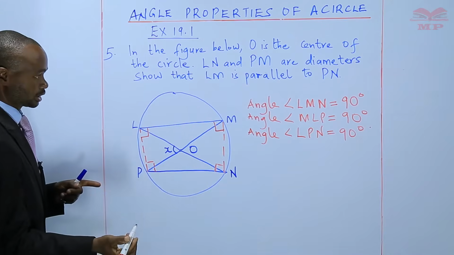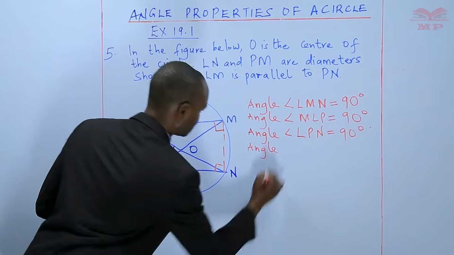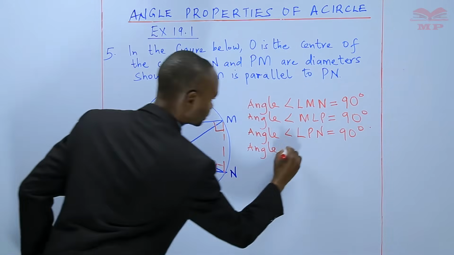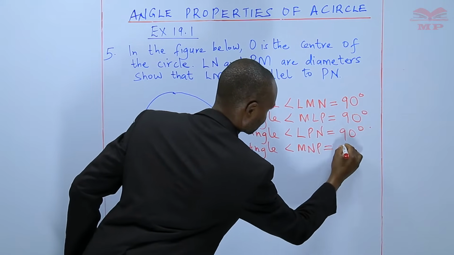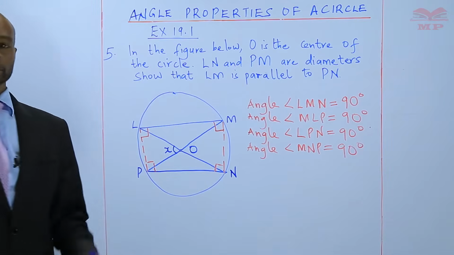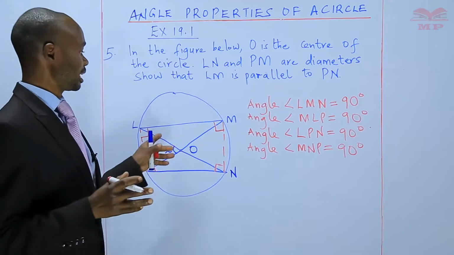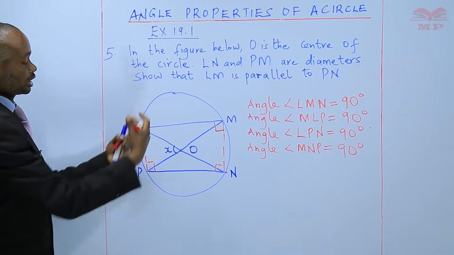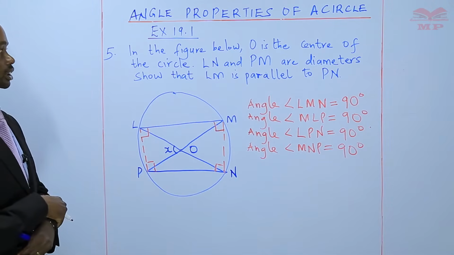So it goes without saying that angle MNP is how many degrees? 90 degrees. We've got all those concepts from the diameters subtending angles in any of the segments. The angles will be 90 degrees.